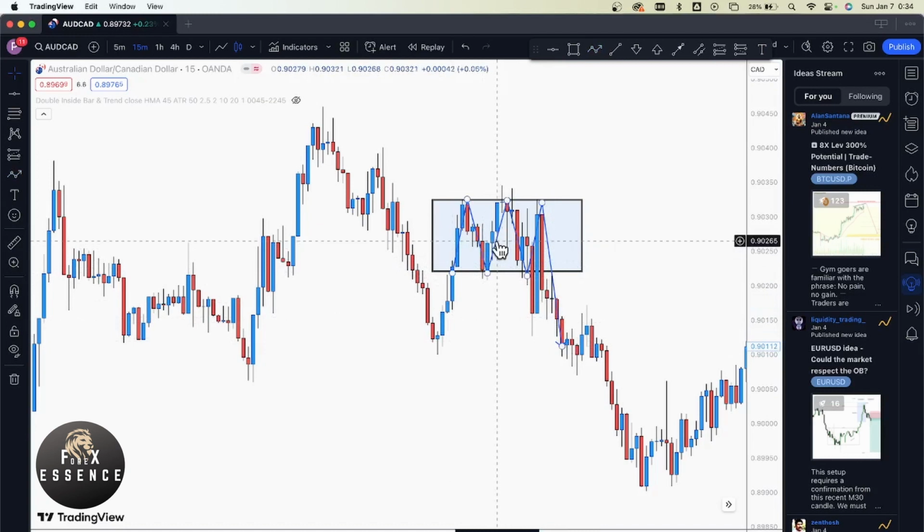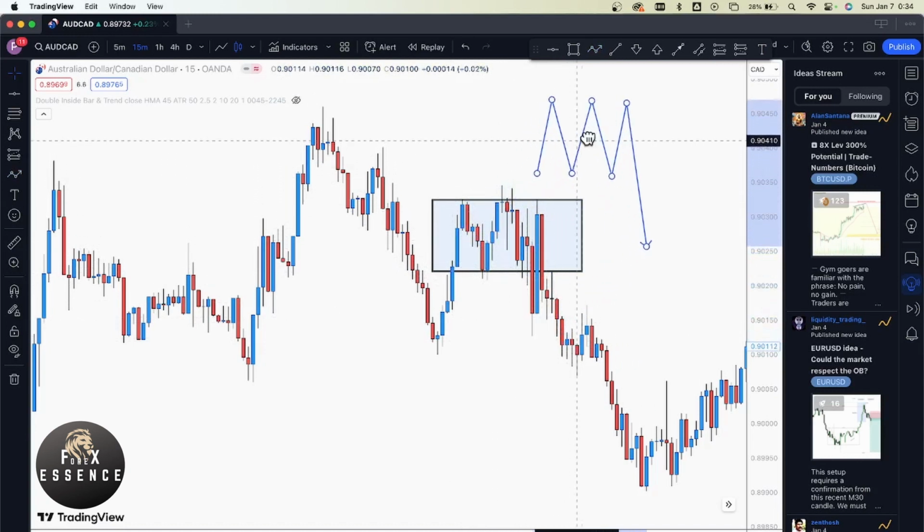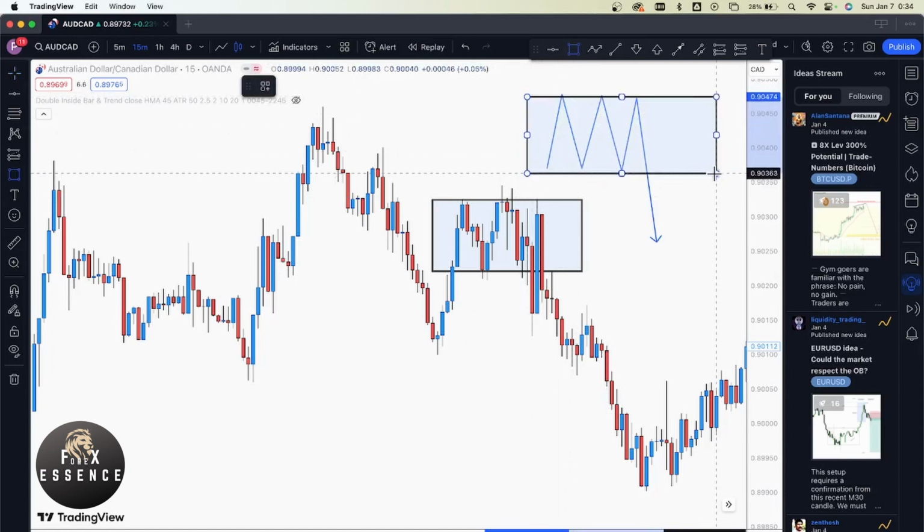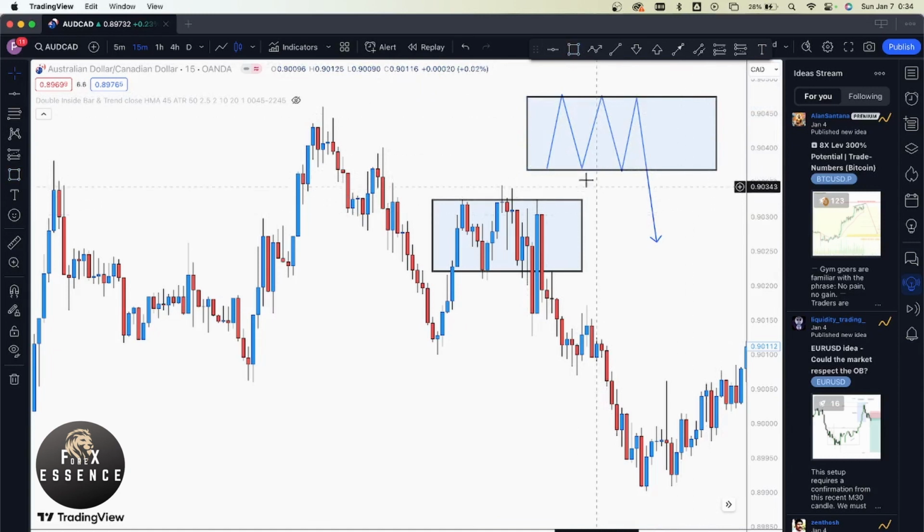I'm gonna drag this up here just so you can see it without them candles. Now what you see here is exactly the same as what is in here, right? Now let's identify those areas or those price levels.